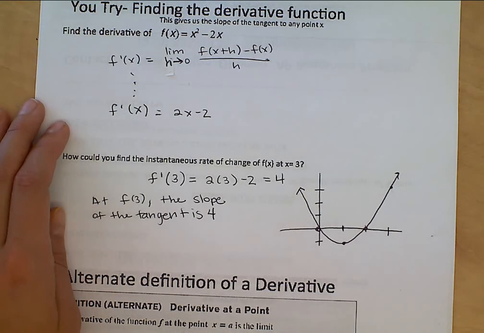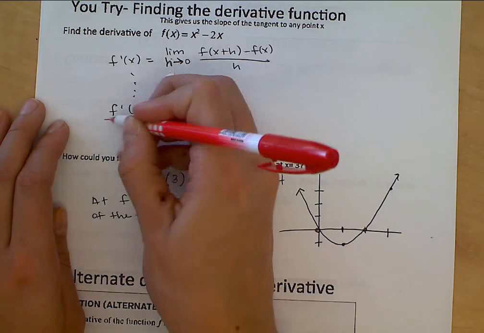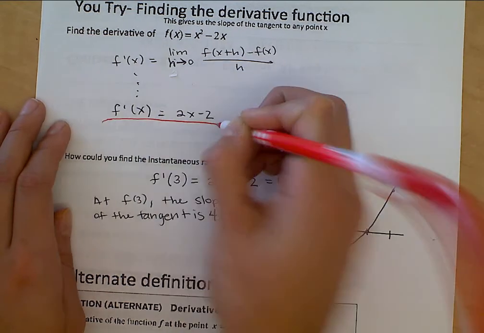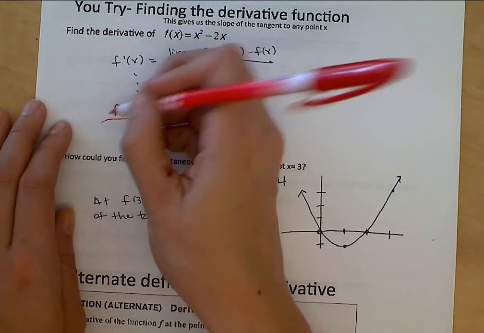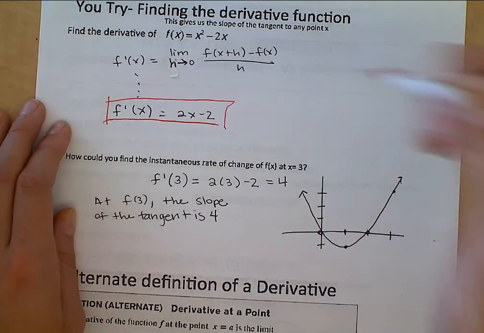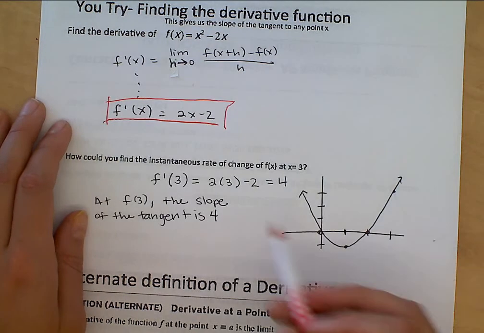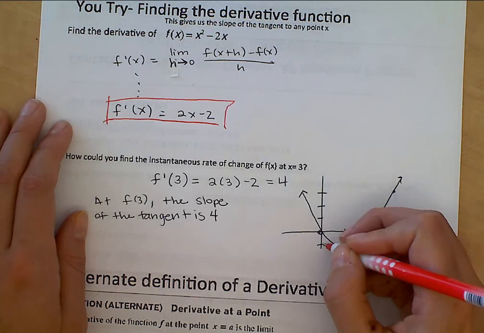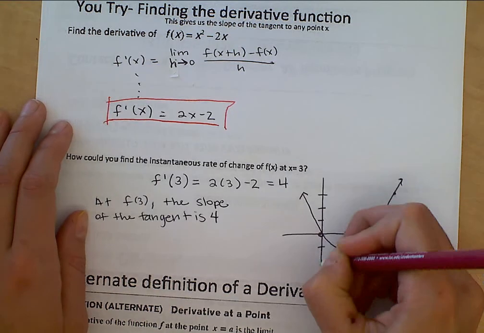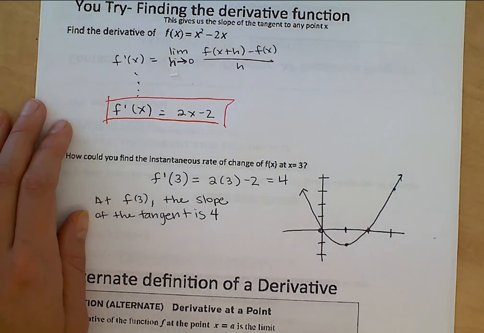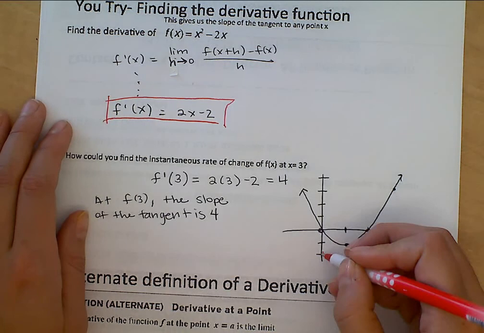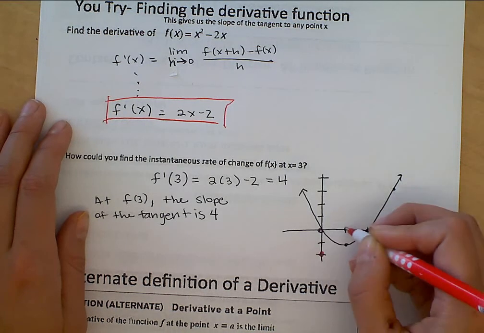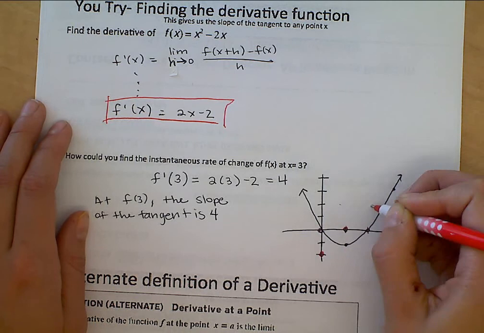And then I will do my derivative function in red. The derivative function is the equation of a line that intersects at 2. I'm going to draw this, and it goes all the way up to 4. It intersects at 2 and has a slope of 2, so up 2 over 2, up 2 over 2.